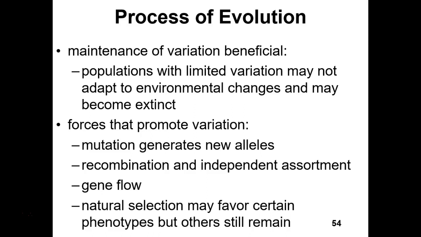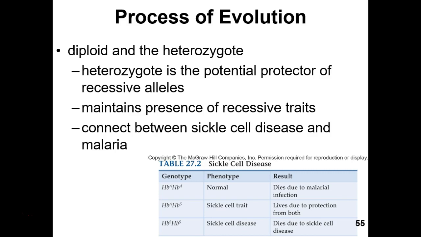They may be considered beneficial in other circumstances. So mutations, of course, are going to promote variation, recombination, through crossing over and independent assortment, gene flow. All of those are going to promote variation, but some of these unique characteristics that could potentially be considered dangerous or harmful that we wouldn't want in the environment can be potentially protective in other cases.